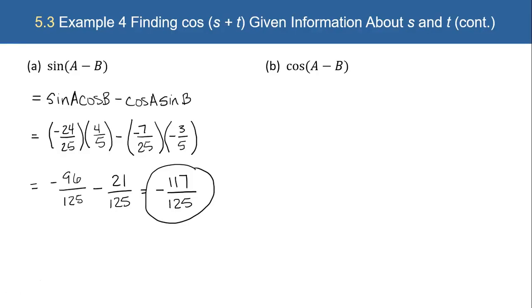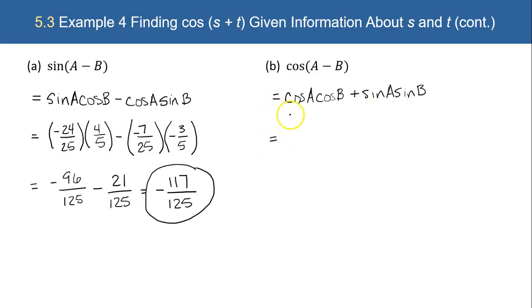Cosine of A minus B. Let's just go ahead and write out the difference identity on this one. So it's going to be cosine A times cosine B plus sine of A times sine of B.